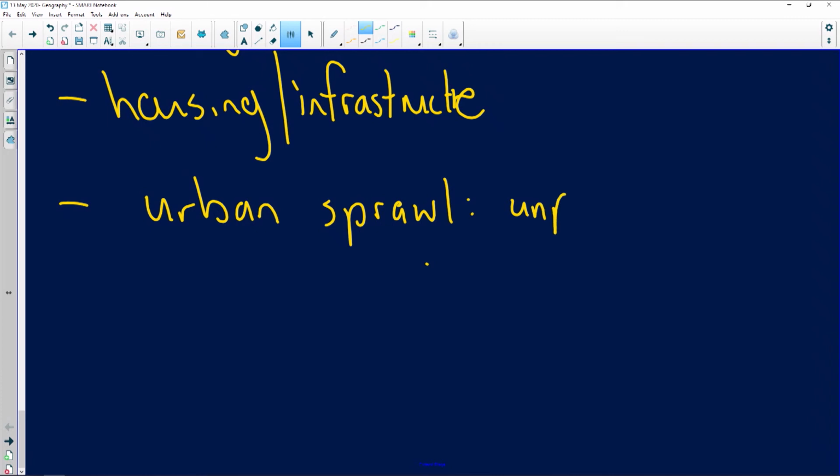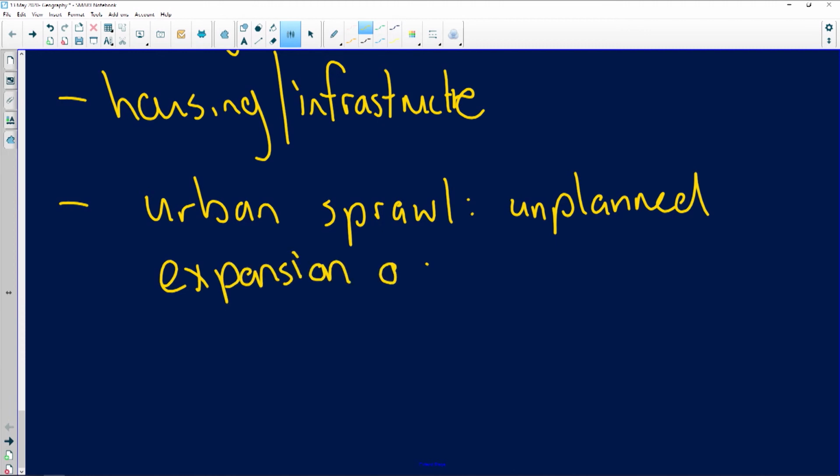So it wasn't planned. So it's the unplanned expansion of urban areas. Now, unfortunately, if that happens, it puts huge amount of pressure on infrastructure. It puts huge amount of pressure on service delivery, such as municipalities, because there's a massive influx of people coming in. These people need housing. These people need water. The electricity demand is going to increase. So eventually it's going to create problems in the distant future.